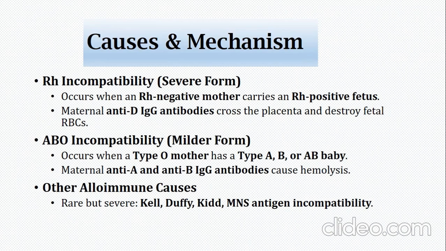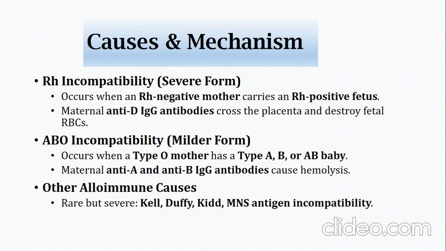About the causes, they are classified into three main categories. The first one, which is severe, is Rh incompatibility. Second is ABO incompatibility, and the other is other blood group systems, like Kell, Duffy, Kidd, and MNS antigen incompatibility.